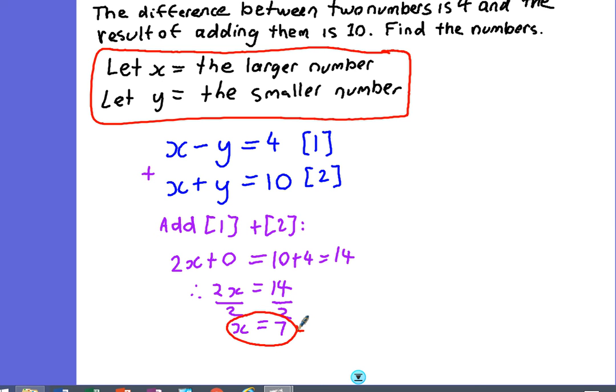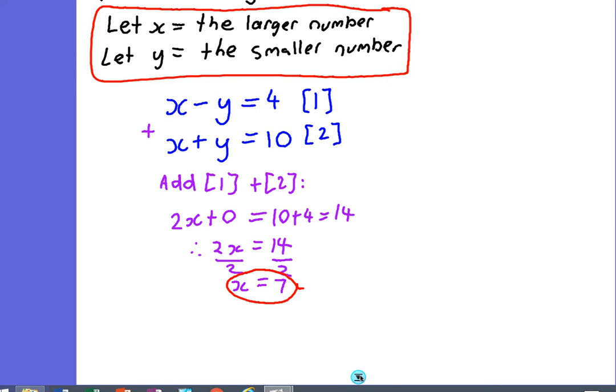Let's now move on to the next step. Now that we've found the value for one of the pronumerals using elimination, we're going to substitute into the other equation. So we've already got the value of x as 7, and now we want to substitute it into one of the equations.